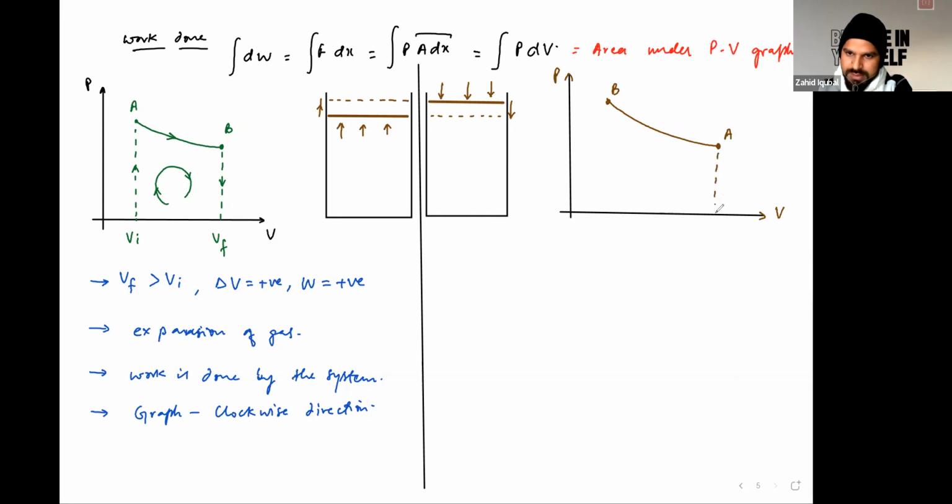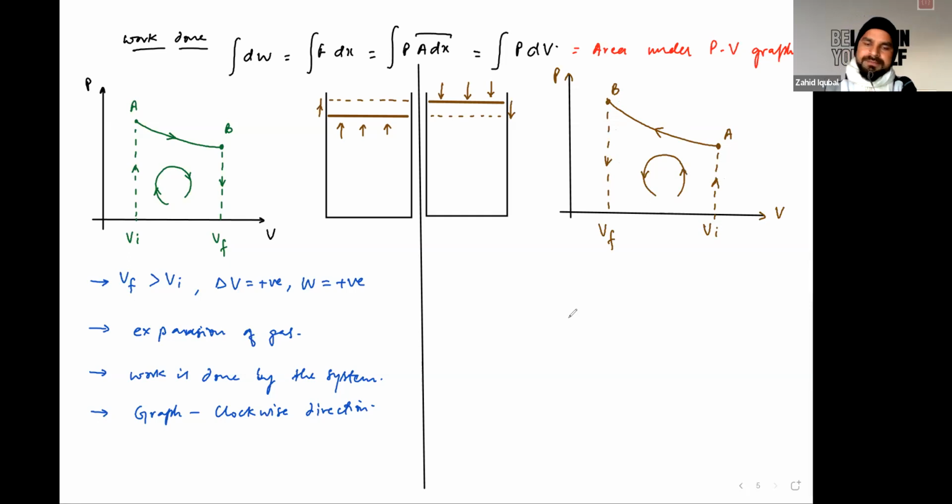So it will be its initial volume, VI, and it will be its final volume, VF, and direction of curve will be along this way. So if you proceed this particular direction, it will look like an anti-clockwise curve like this.